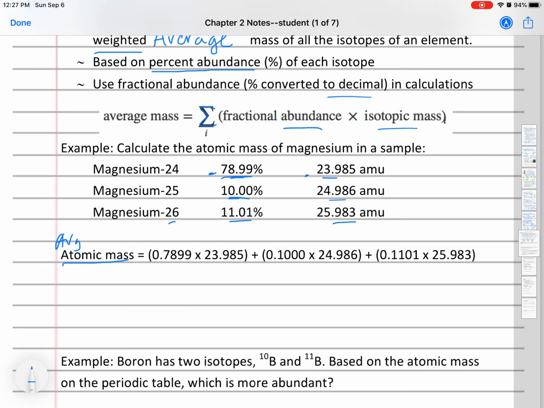But we convert these percentages into fractions, basically dividing them by 100. So for magnesium-24, we get 0.7899 times 23.985, plus the abundance times the mass of magnesium-25, plus the abundance times the mass of magnesium-26.